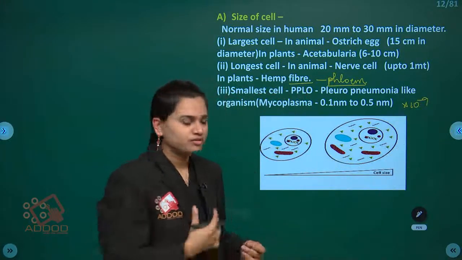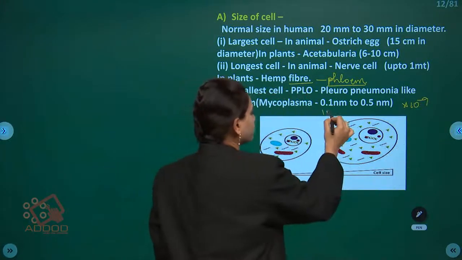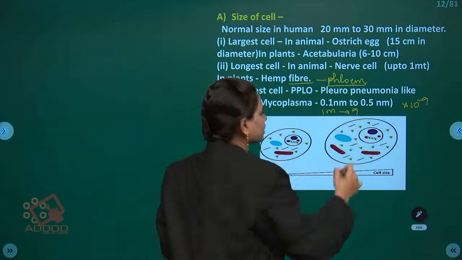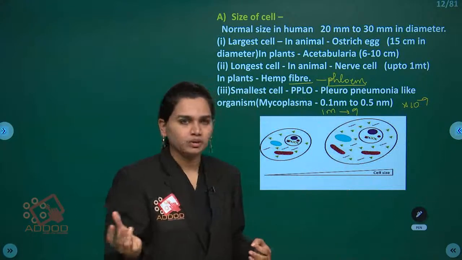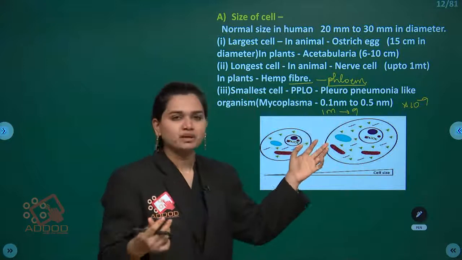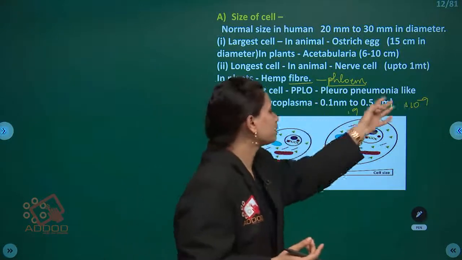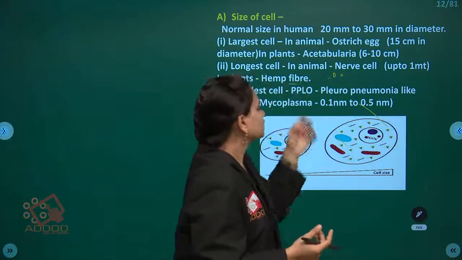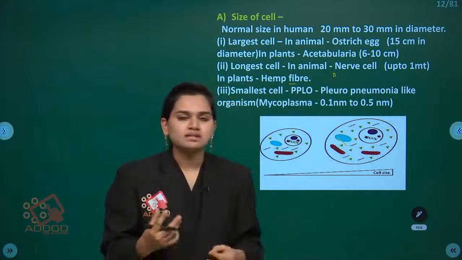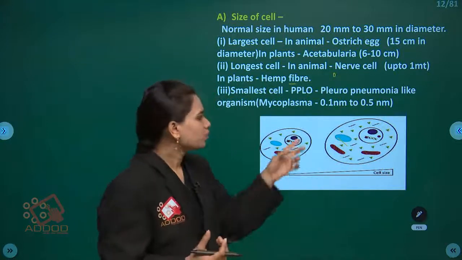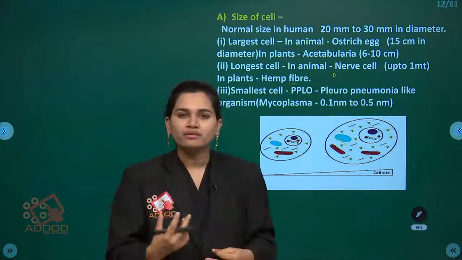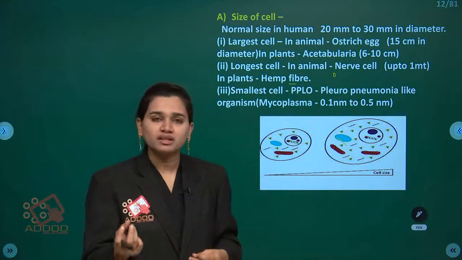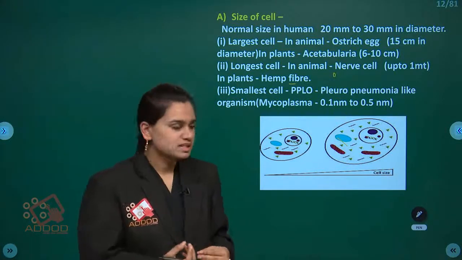That means 1 meter, if you are dividing 9 times, what value you get, that will be the size of the mycoplasma. So usually the size of mycoplasma is 0.1 nanometers to 0.5 nanometers, which is smaller than that of the human cell.